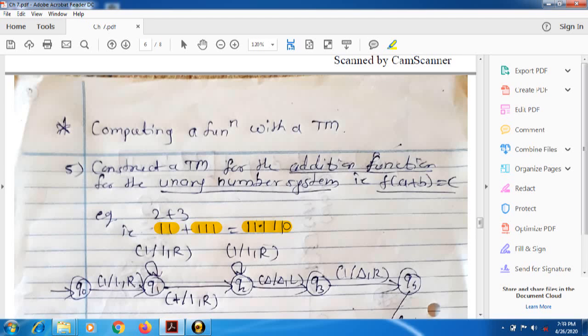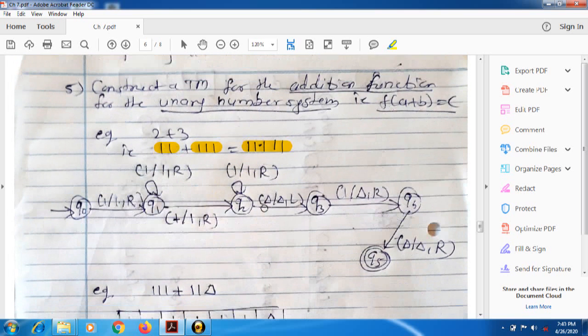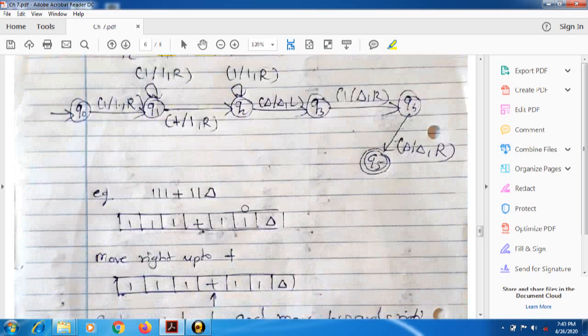So this is the diagrammatical explanation of a Turing machine with the help of the unary number system, that is 1 1. Now first we will design its diagrammatic representation, and after that we will draw its transition diagram, means Turing machine diagram.